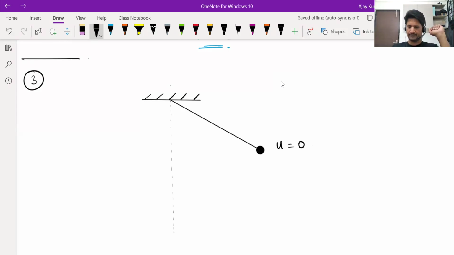Correct. It will swing along an arc. So it will follow a curved path, somewhat like this, and in the reverse direction it will follow a path like this. After some time, you will see the bob in this position. It will swing to the other side also, but at one instant, it is going to be here.